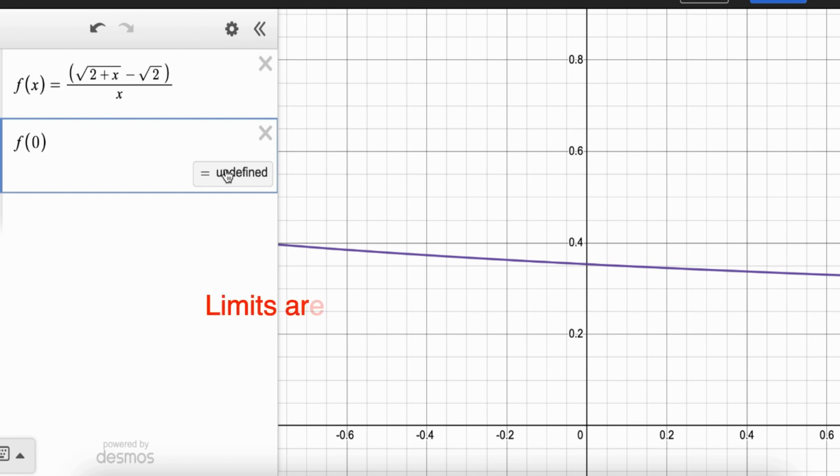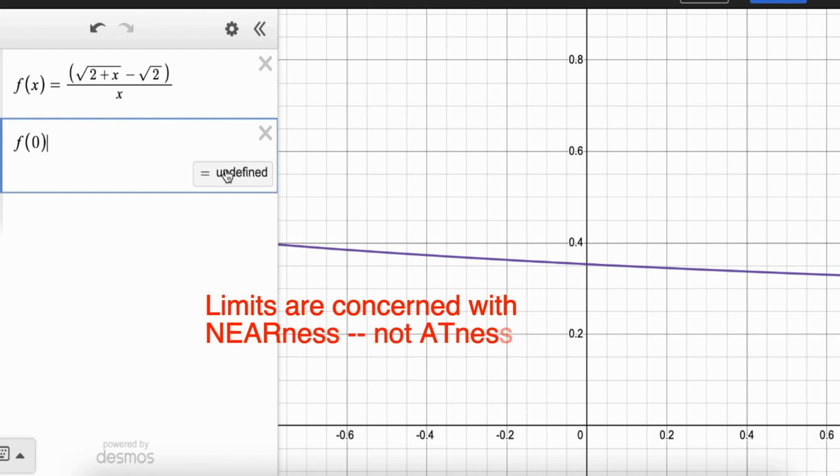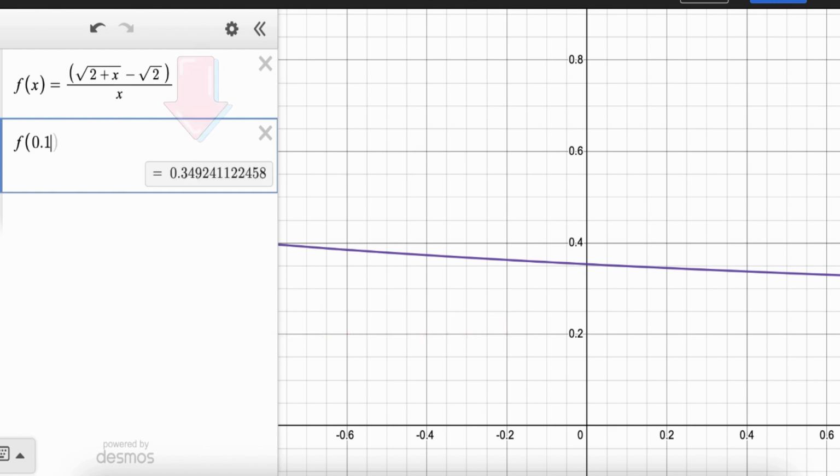Limits do not concern themselves with what is happening at the value, but near the value at which x is being investigated. If we look at the value of the function whenever x is near 0, let's say at 1/10, we see that the value of the function is near 0.35. Here we have 0.349.